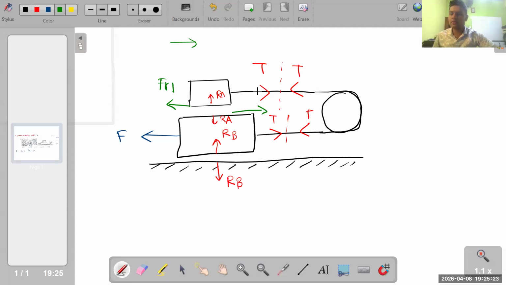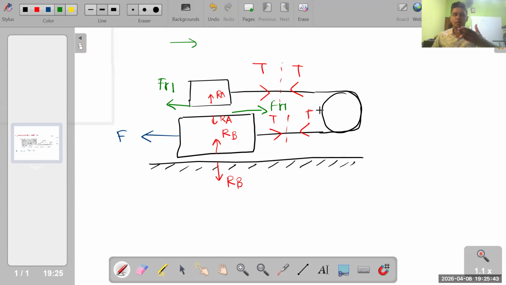Why? We know it from Newton's third law. Every action has an equal and opposite reaction. So there would be a frictional force created by this mass on this surface, right?